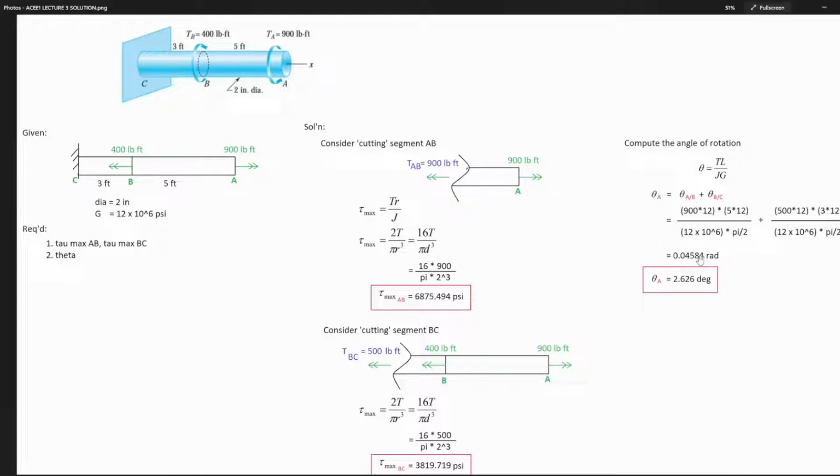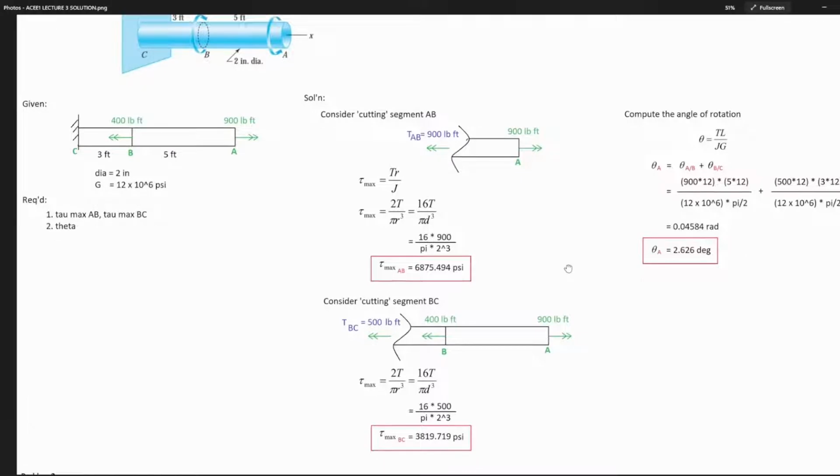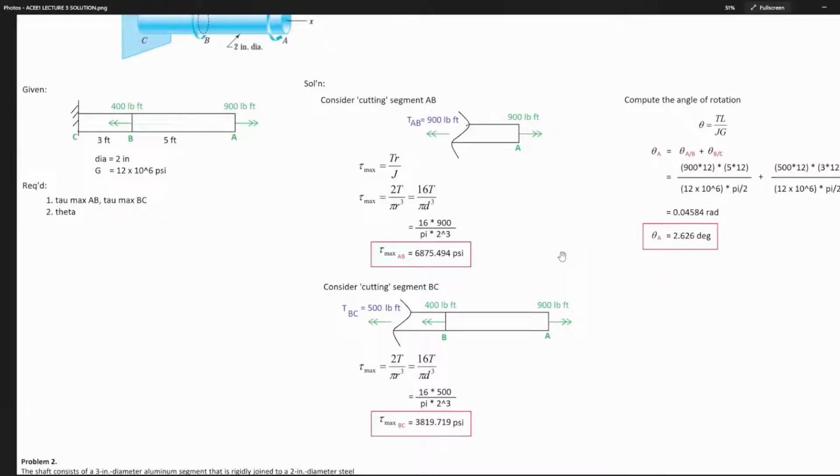Guys, always remember, what you solve for theta is always in radians. You have to convert it to degrees. Upon conversion, theta A is equal to 2.626 degrees. So, this is our final answer. These are our final answers for this problem.